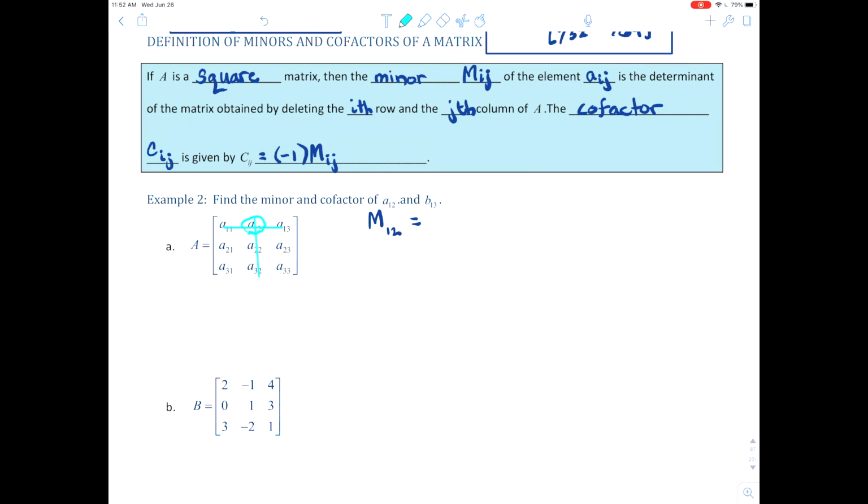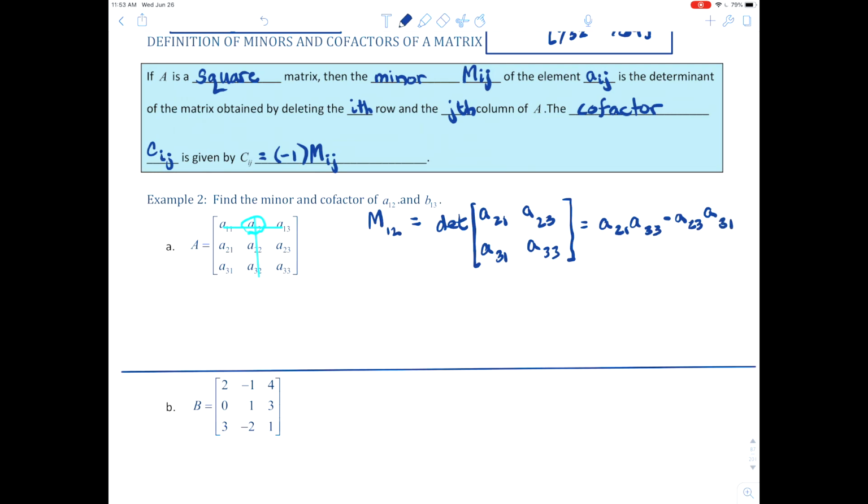And then what will I find? The determinant of A21, A23, A31, A33, and what will that equal to? Beautiful. A21, A33 minus A23, A31.